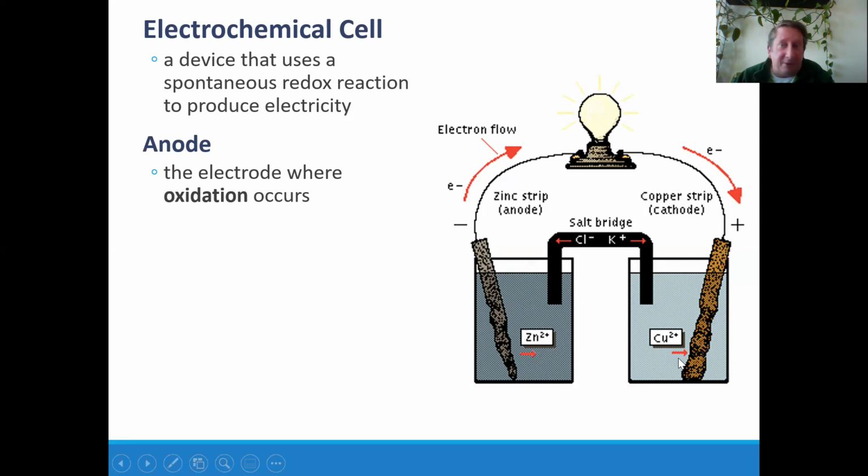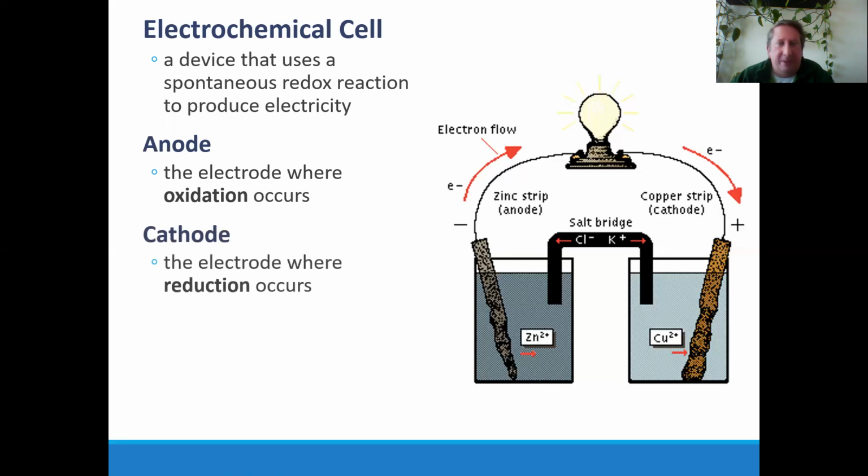We have more specific terms. If oxidation is occurring, then that electrode is called the anode. So the anode is the metal strip where oxidation occurs. If you recall, in this reaction with zinc and copper, zinc was getting oxidized. Zinc was losing electrons. So therefore, the zinc metal strip here is the anode.